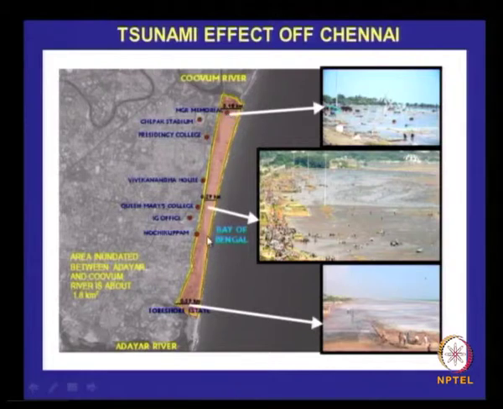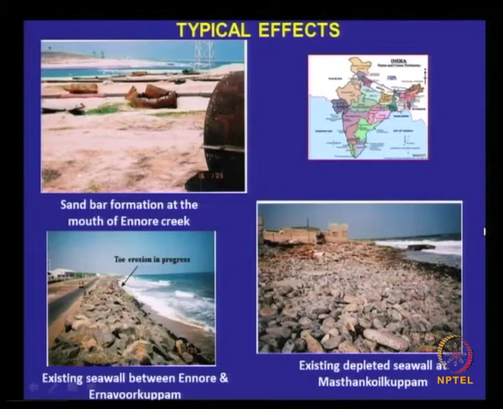So that is the kind of inundation they had. This map, I believe, has been done by Anna University or one of the institutes involved in GIS and remote sensing, and some of these pictures have been borrowed from some friends.